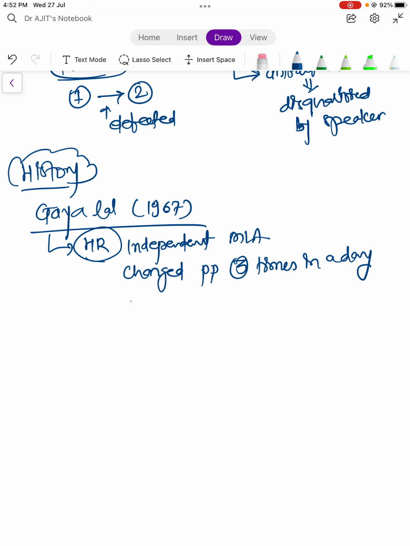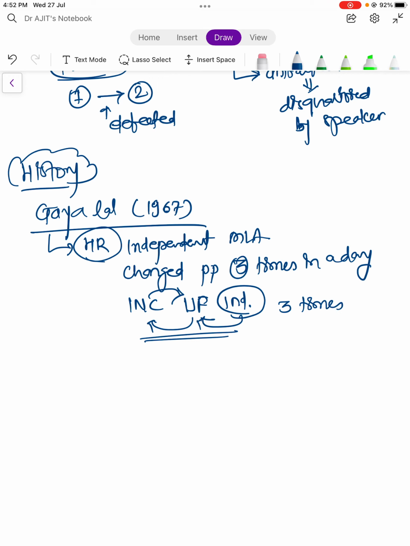In Haryana at that time, there were INC, United Front and Independents. So he was independent, he joined United Front, again joined Indian National Congress, and again joined United Front. So in a single day, he changed the party 3 times.